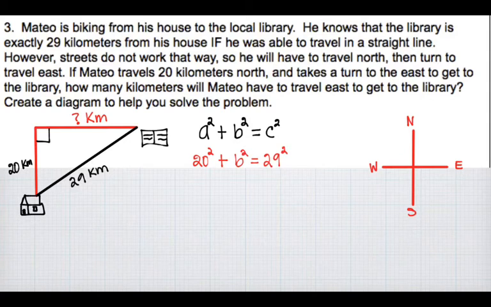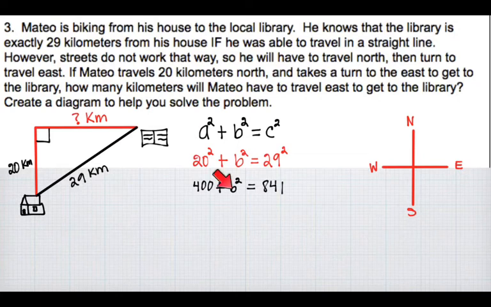So now let's start solving this for B, because the moment I solve for B, then I know this side here. 20 squared is 400. So we have 400 plus B squared equals 29 squared. Oops, 29 squared would be 841. So we have 841 right here.